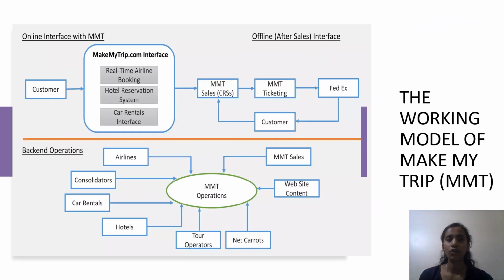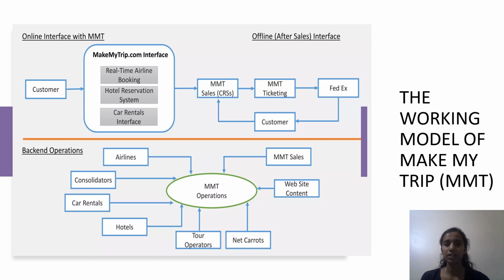Then coming to the online interface of MMT, that is MakeMyTrip, the offline interface and the backend operations. Coming to the online interface, the customer will have an interface with real-time airline booking, hotel reservation system, and car rental interfaces, which gives rise to MakeMyTrip sales and ticketing, FedEx to the customer.